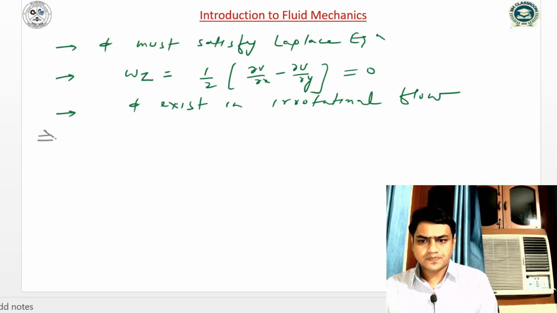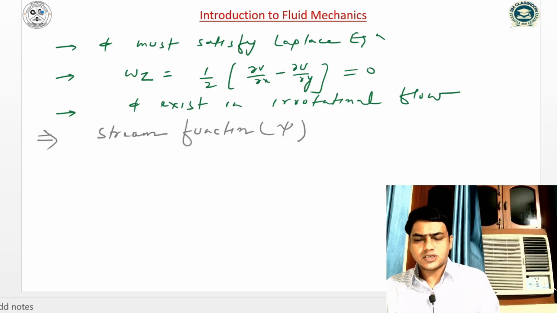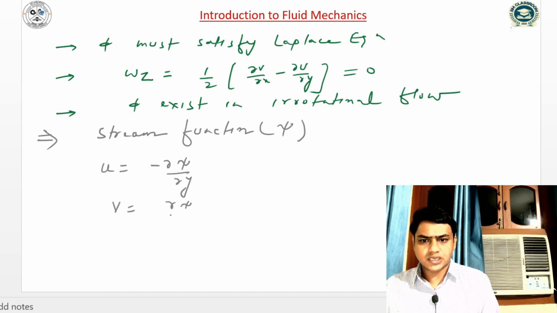After that, I have discussed the stream function. By definition, we can write, if u is the velocity component in x direction, u is equal to del psi by del y, and v is equal to del psi by del x.